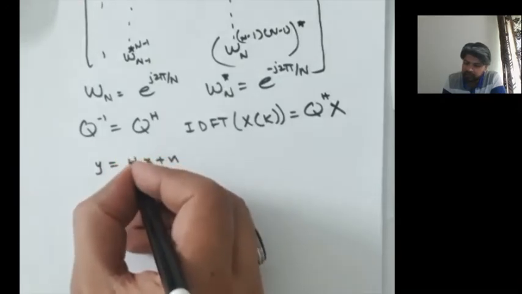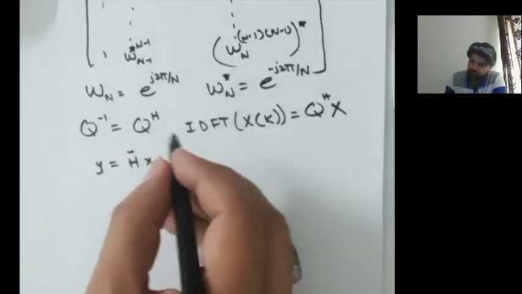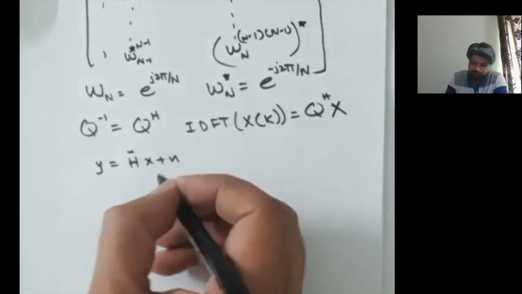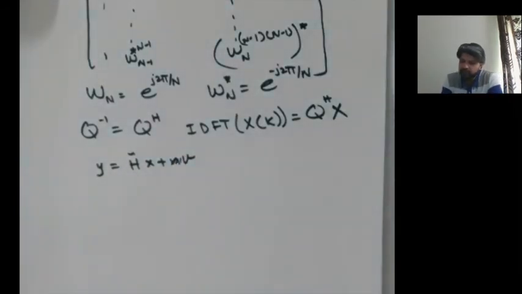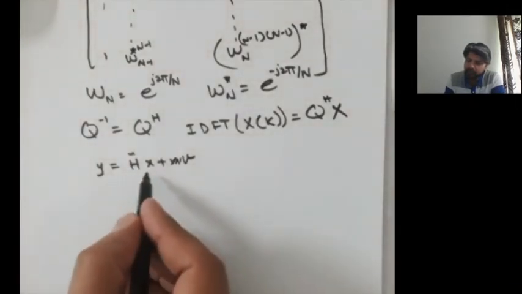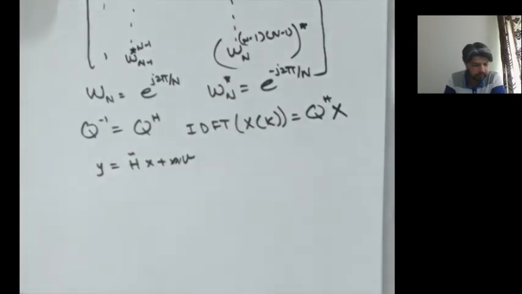So this H is a circulant matrix. So let me call it H tilde x, which is a circulant matrix version of this, and we call this a v vector. So we had this noise. So this y of n is equal to H tilde times x of n plus v.